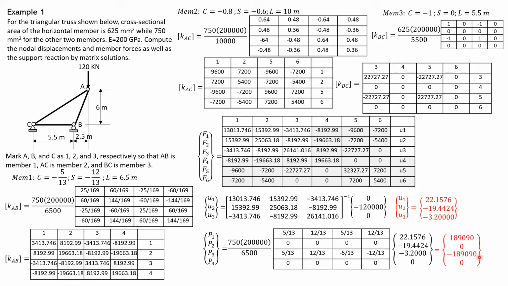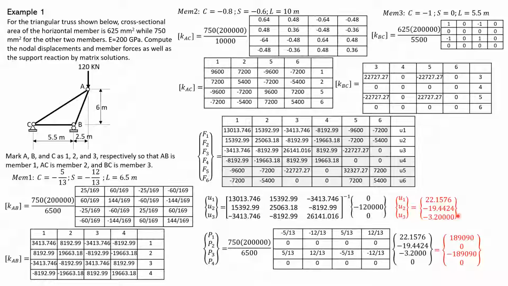The type of stress, whether compression or tension, is revealed by the second value. Because this is negative, member 1 is in compression. Obviously this will be pressed downward, so that's why member 1 is in compression.